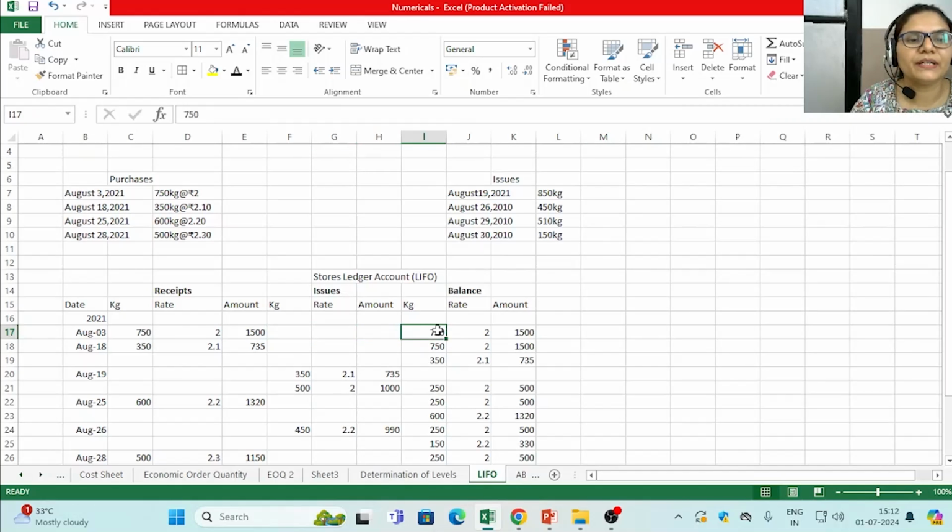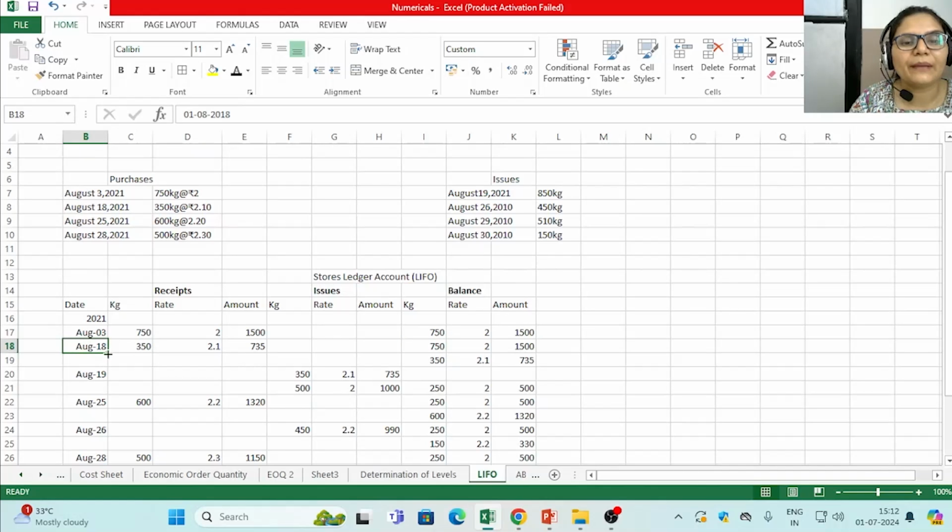So balance will be again 750, 2 and 1500. On August 18, we have done a purchase of 350 kg at the rate of rupees 2.1 and amount is 735.